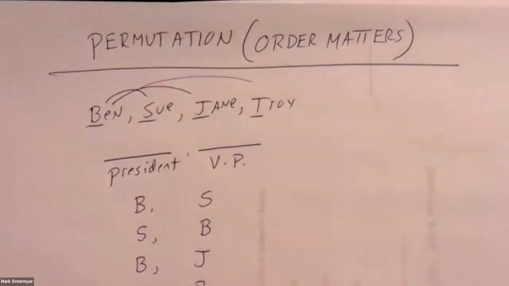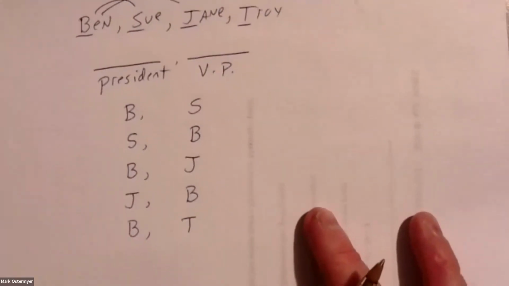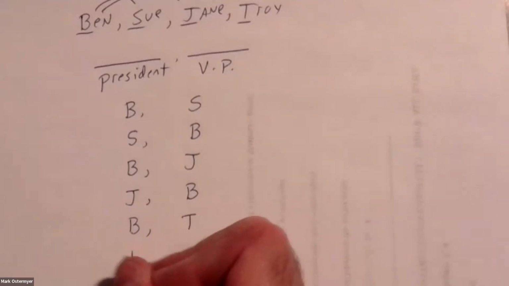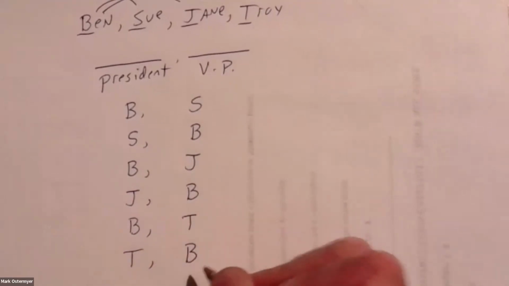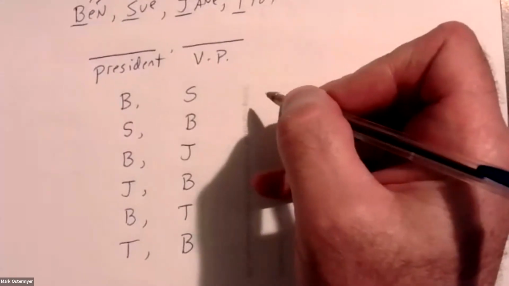Or I could choose Ben to be president, Troy to be vice president, or Troy to be president, Ben to be vice president. Or, ladies and gentlemen, we're not done. There's more. I could choose Sue to be president and Jane to be vice president, or Jane to be president, Sue to be vice president.